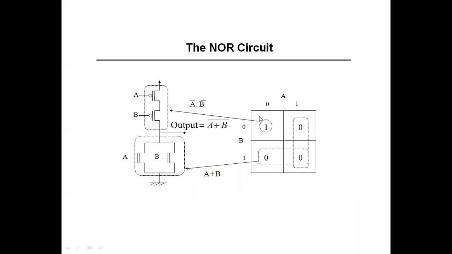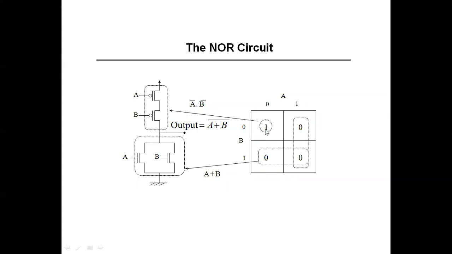You can check. For 00 you are getting one. For 01, you are getting zero. For 10, you are getting zero. And for 11, you are getting zero. That means only for 00 you are getting one.